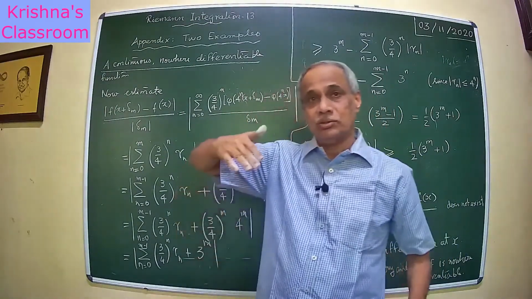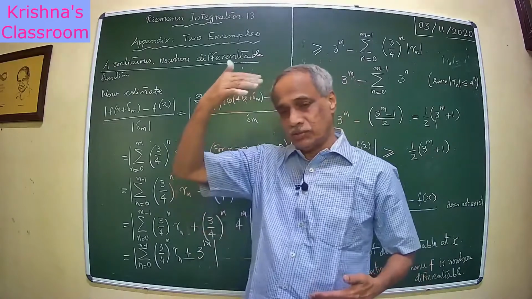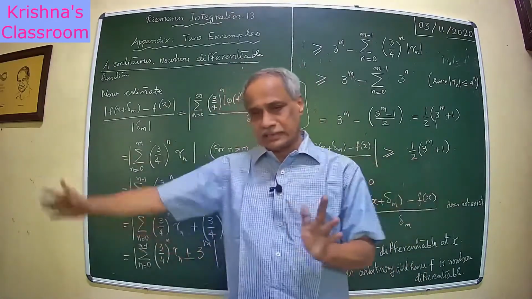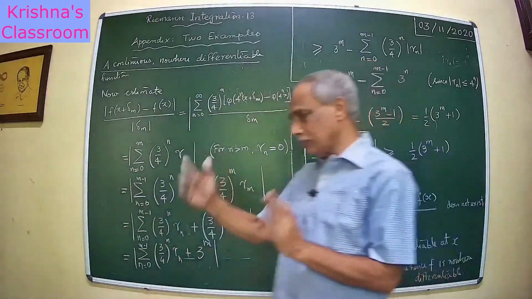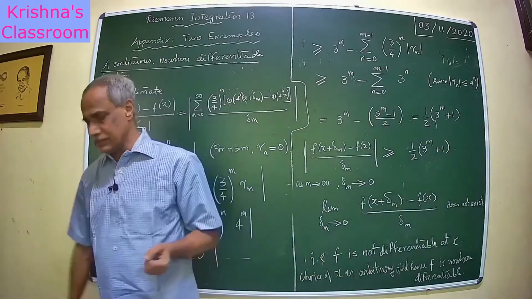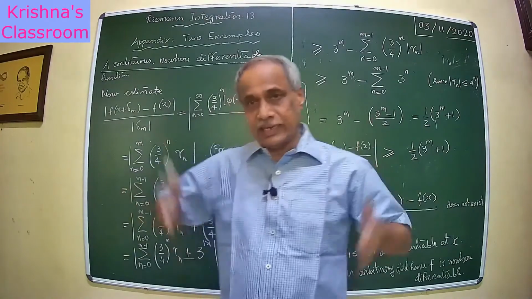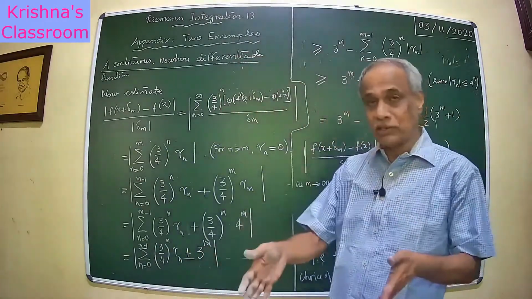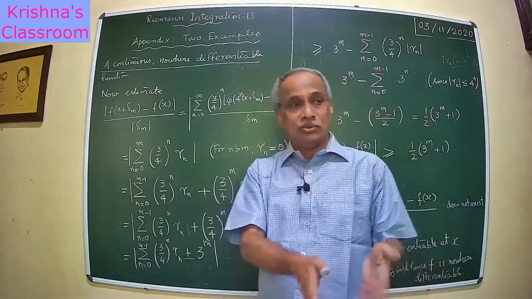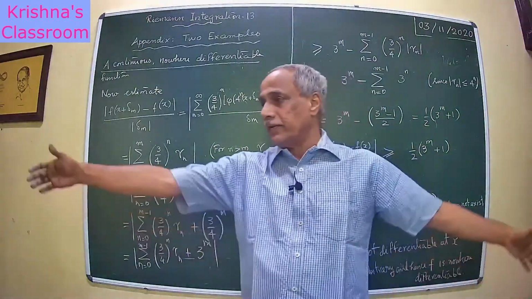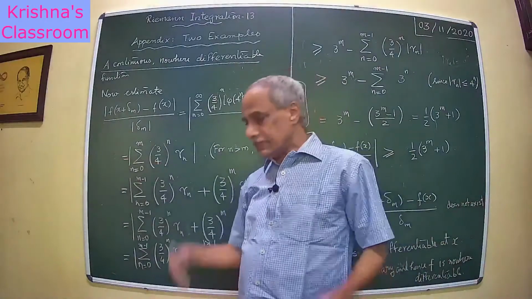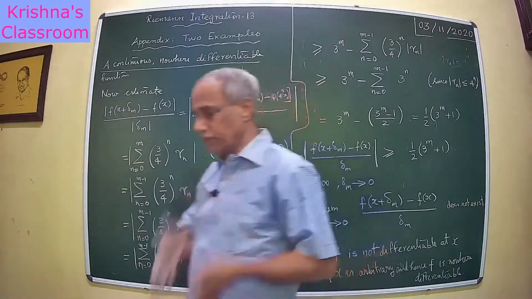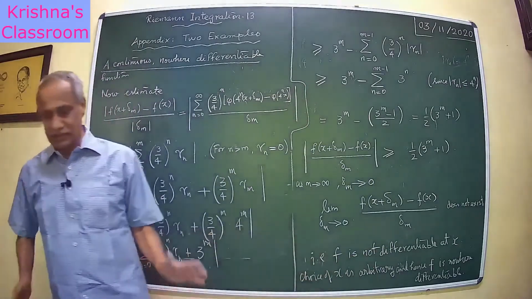We also make the function oscillate more rapidly, because as n increases, the nth term will start oscillating more and more rapidly, so that through this process in example 1 you got discontinuity spreading everywhere. In the second example, we have seen the differentiability breaking down everywhere. So these are the two things.